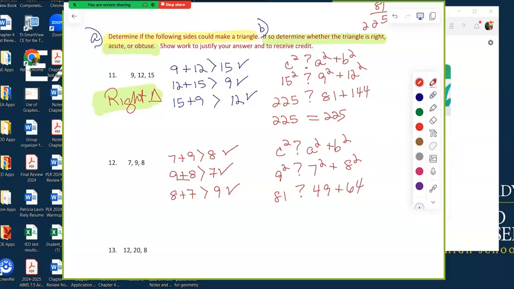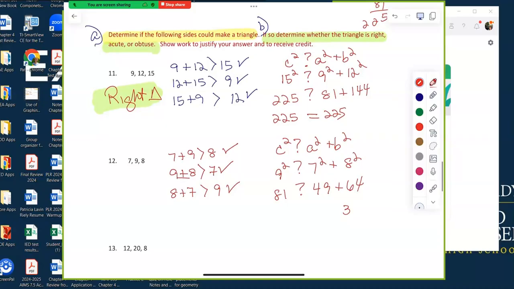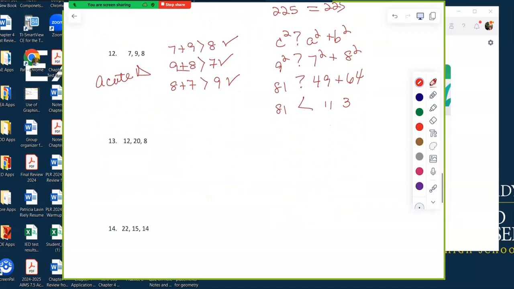Okay, 49 and 64. 9 and 4 are 13, carry the 1. 6 and 4 is 10, and 1 is 11. So 81 is less than 113. If C squared is less than the sum of the sides squared, then that is going to be an acute triangle. Okay, keep going.